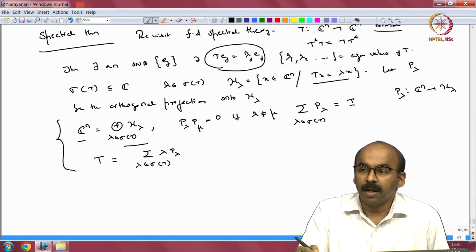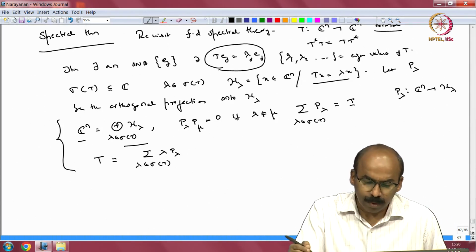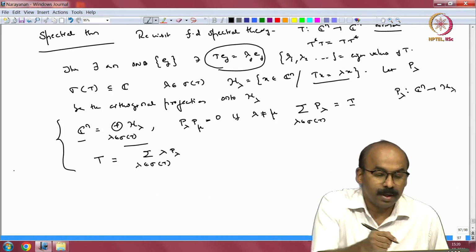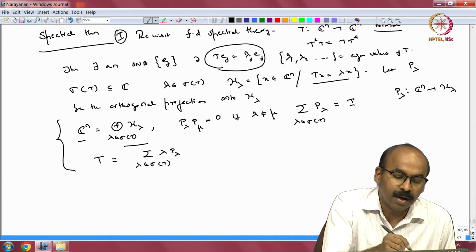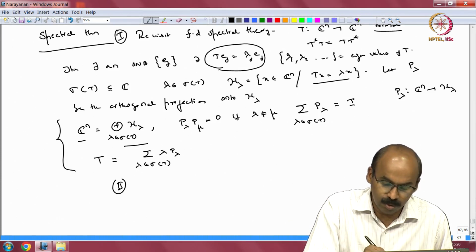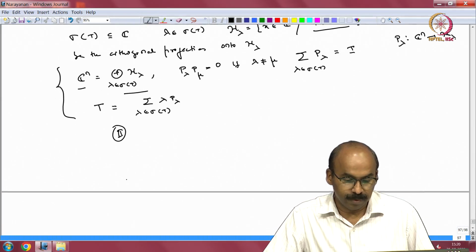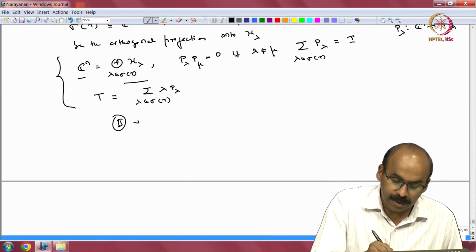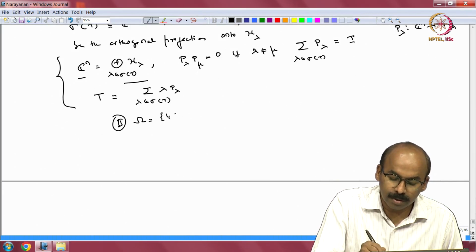There are other ways of looking at it. I will explain maybe one more. So, let us say this is version 1, and version 2 is this. Let us take omega to be equal to 1, 2, 3 etcetera up to n.